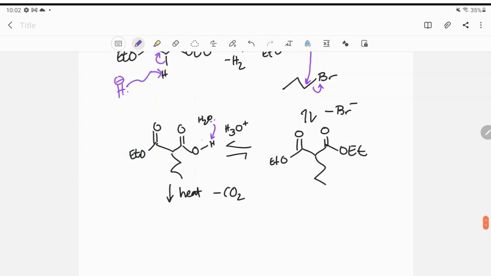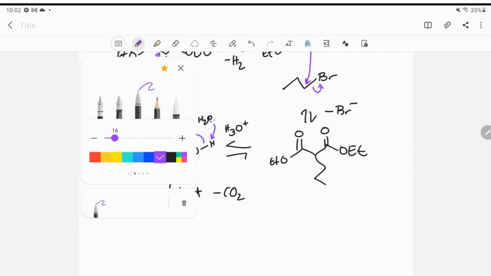We're going to end up kicking out our CO2. I guess technically speaking, it's probably better to take this and make the enolate. That'll be the more stable form of this thing.